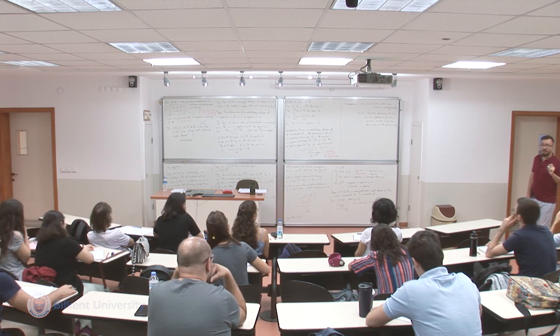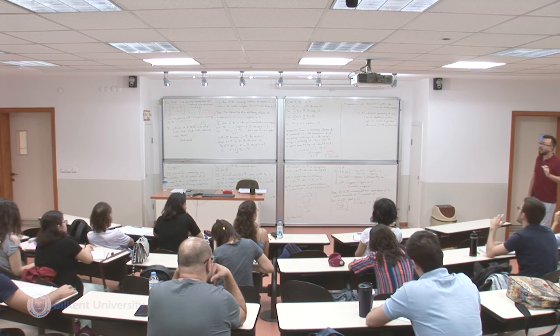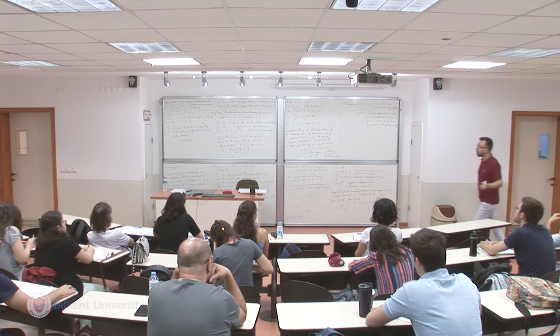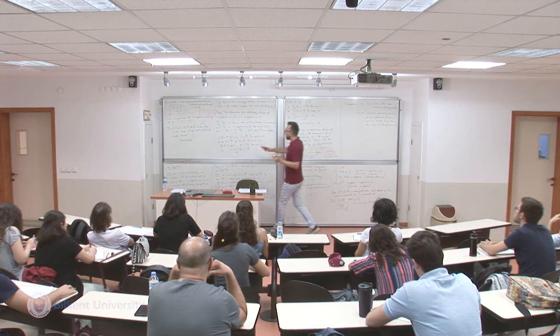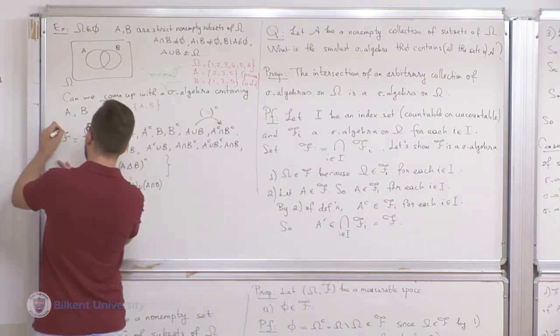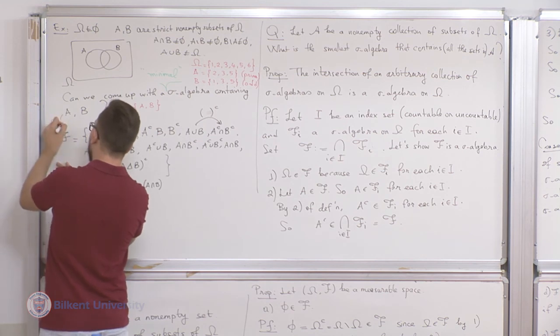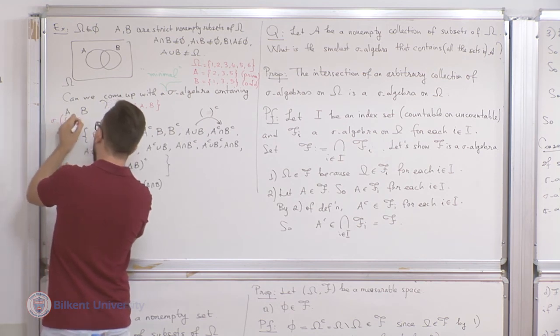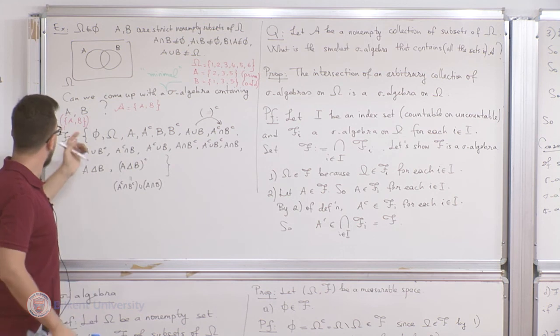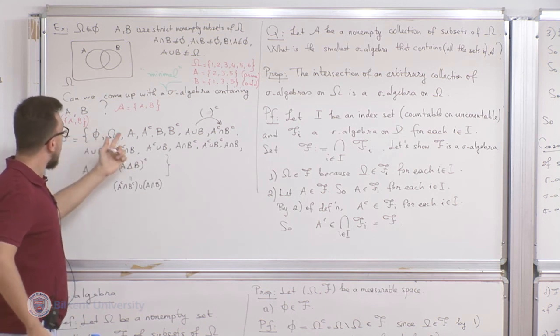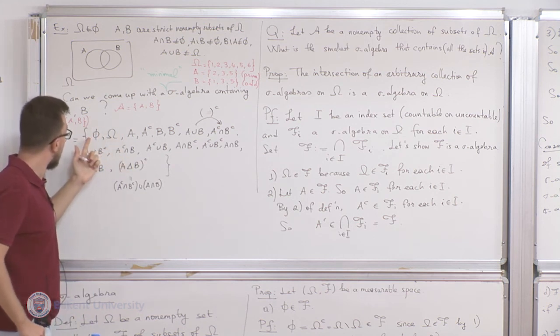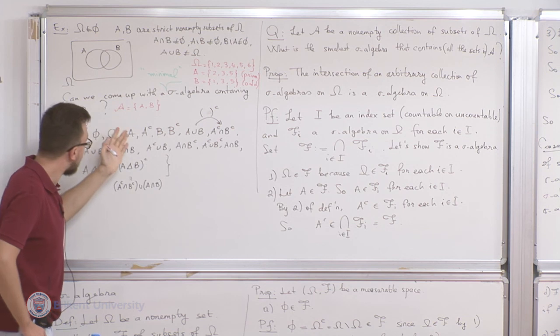And our claim is that this is not all. You can answer 14 more questions. Because this F here that we generated is the sigma algebra generated by A and B. So this is nothing happens. This is something happens. These are stupid questions. Let's pass them.